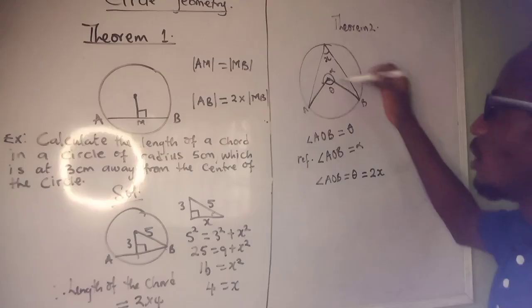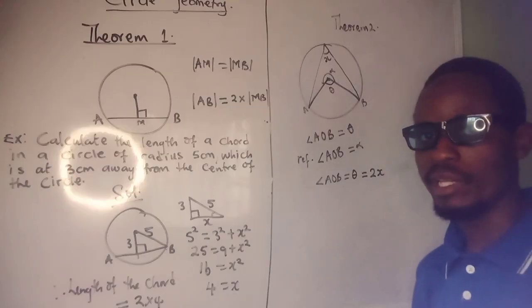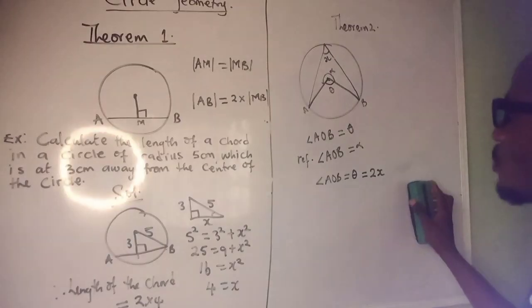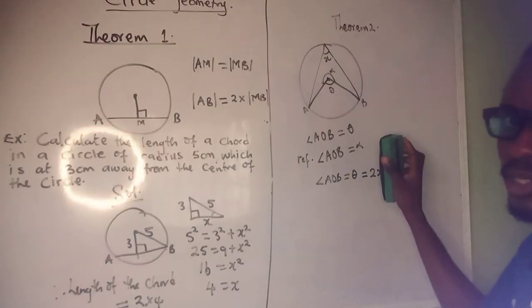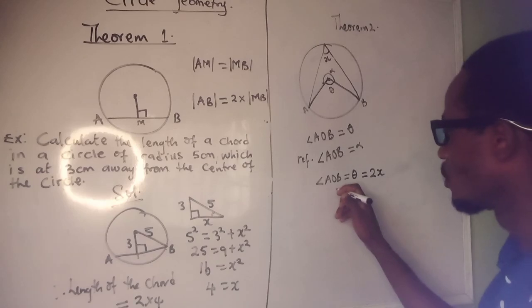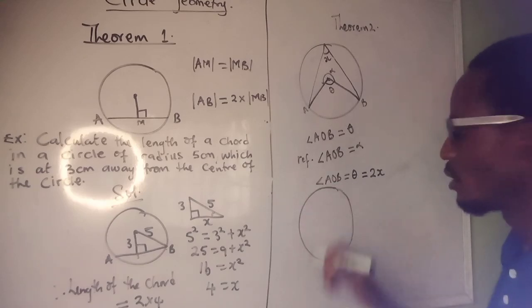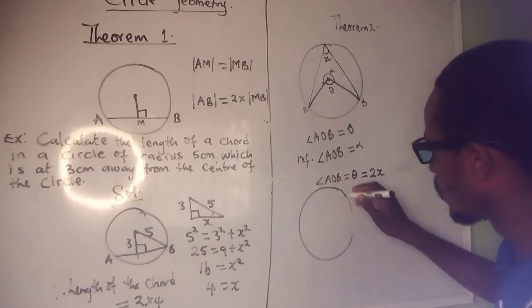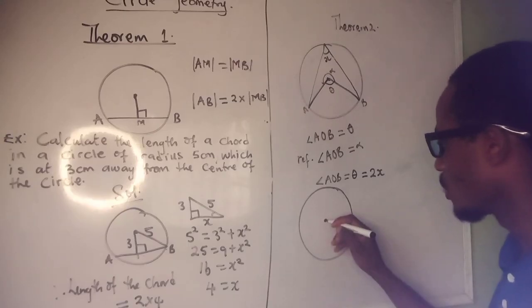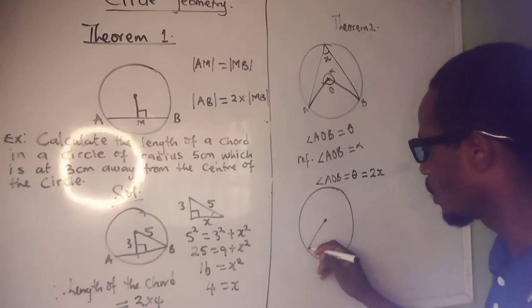So now there are more complex diagrams that could cause confusion. So let us take, for instance, the diagram is not like this. The diagram could be in any other form. So let's look at this. Now, if I have this is the center of the circle, then I have something like this.